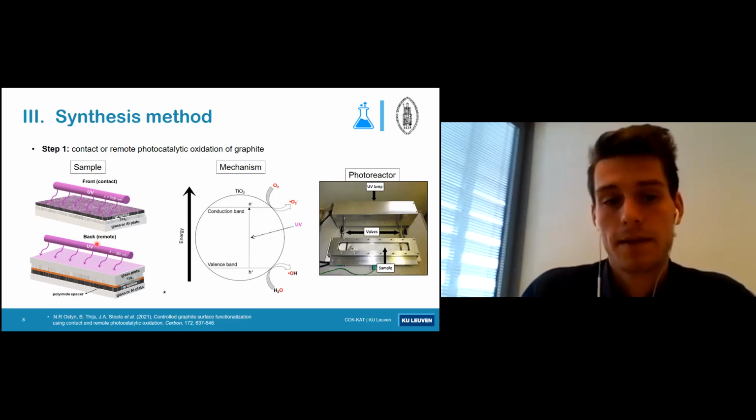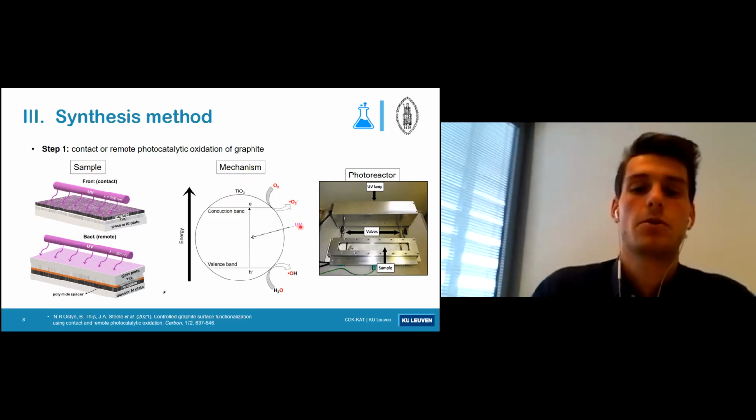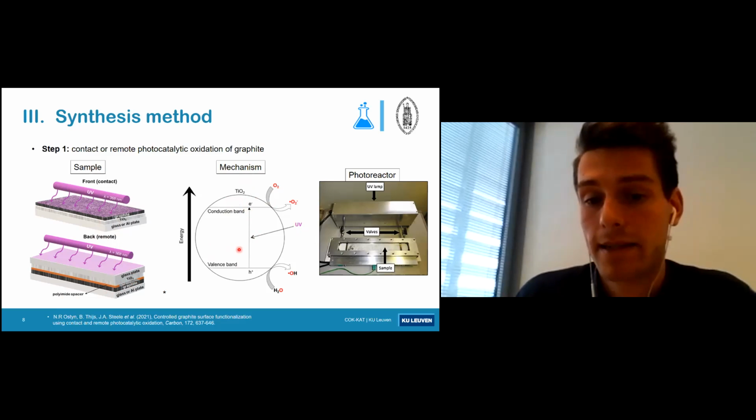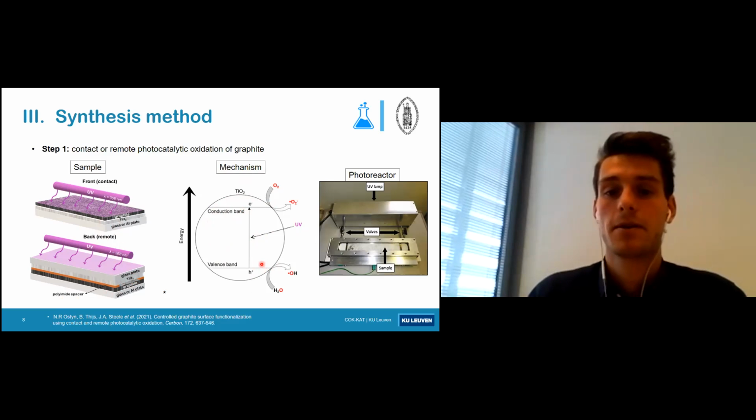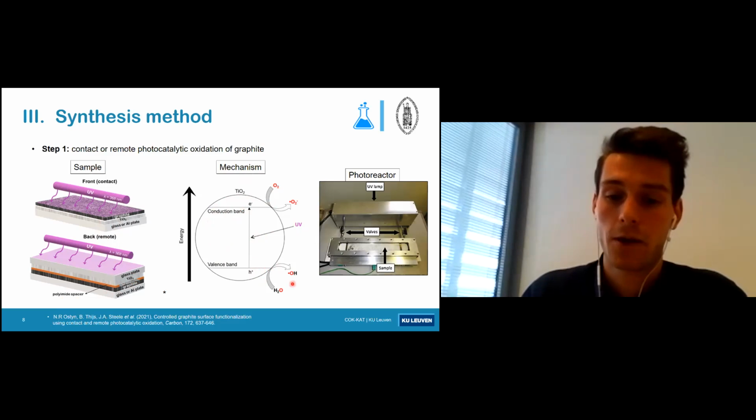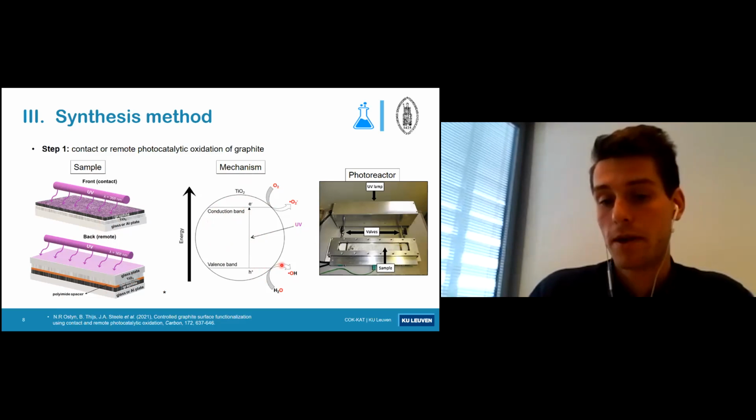All this photooxidation is based on the photocatalytic mechanism. Maybe you are familiar with this mechanism. UV light is exciting an electron from the valence band to the conduction band. This creates holes, which have an oxidizing power and can already oxidize, for example, reagents like water vapor into a more reactive hydroxyl radical.